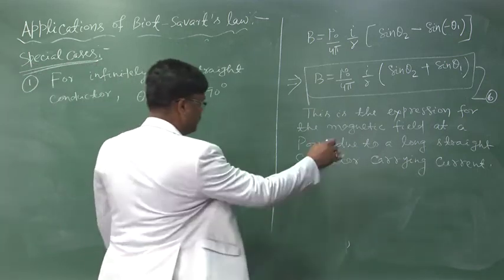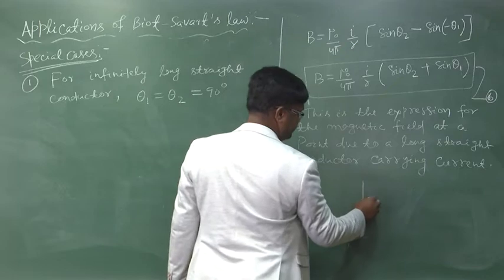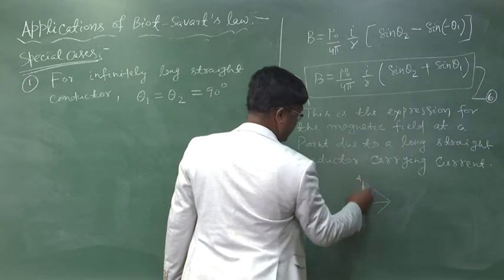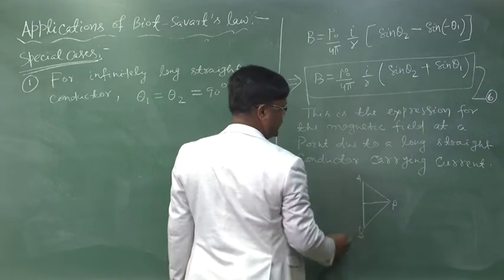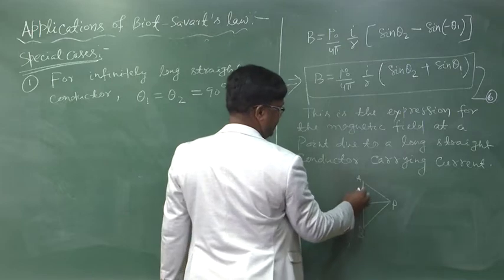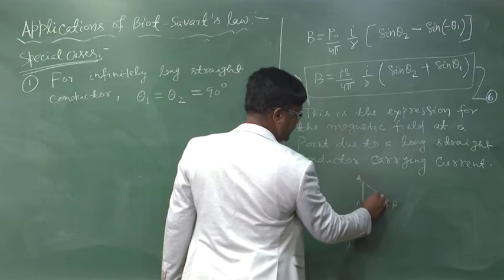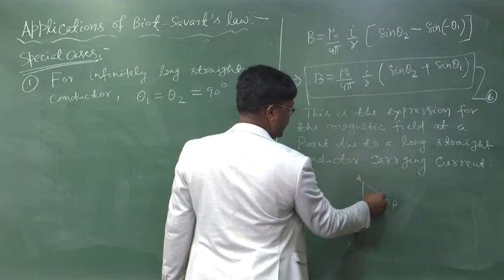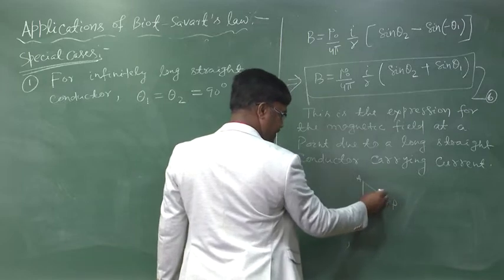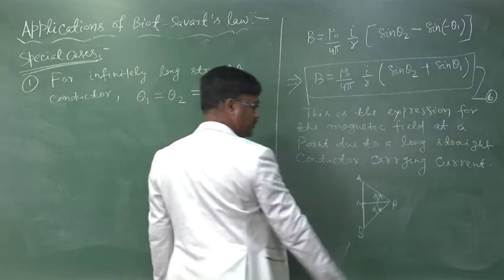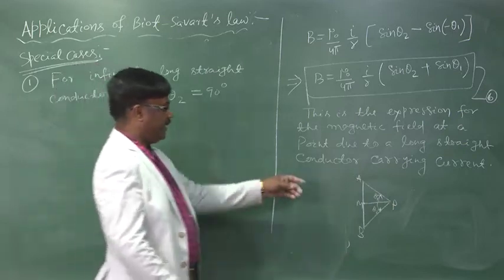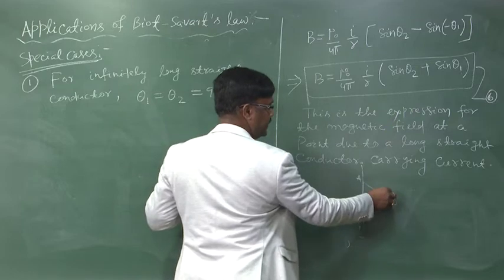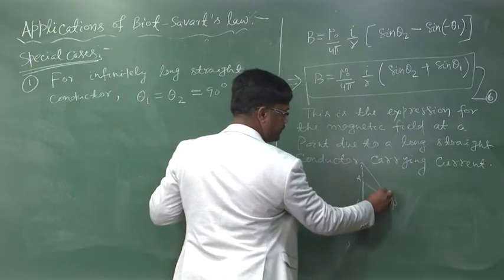Because I am drawing once again the figure. This is A, this is B, this is point of observation P, this is M, and this angle is θ1 and this angle is θ2. If the length is increased to this, then the angle will increase from this to this.